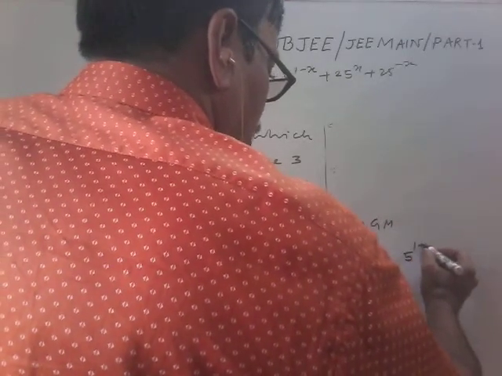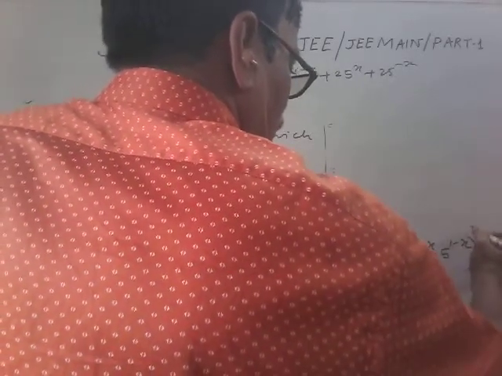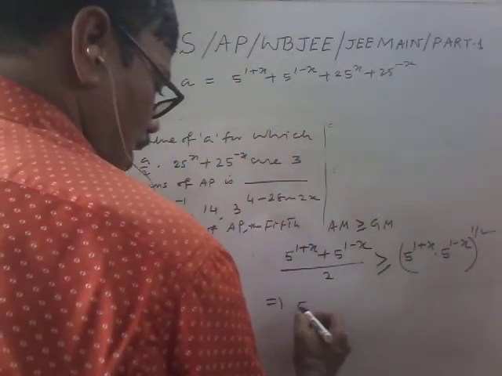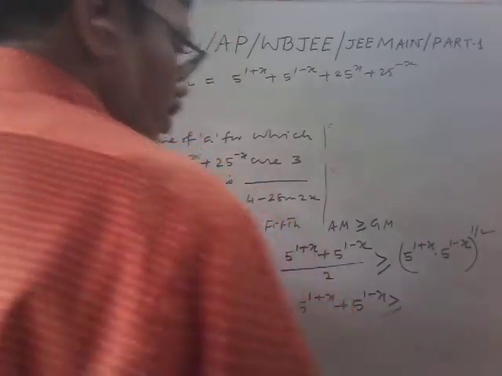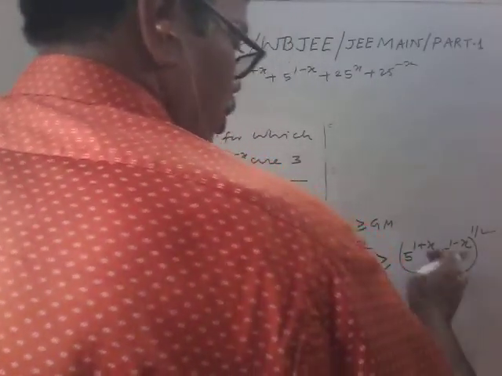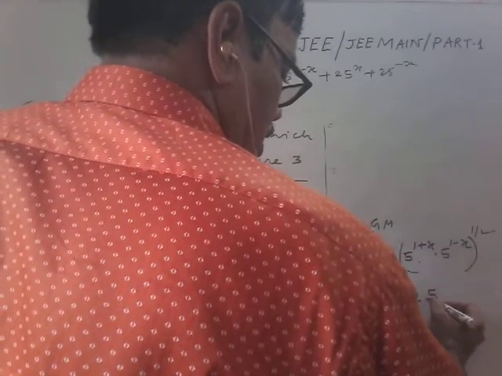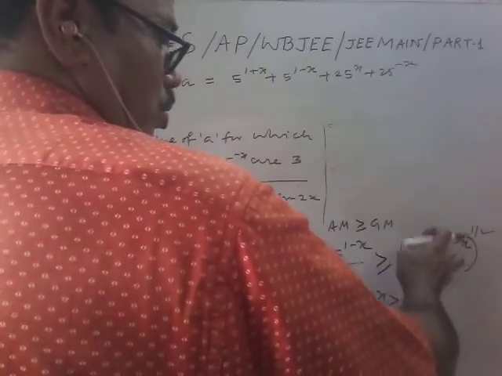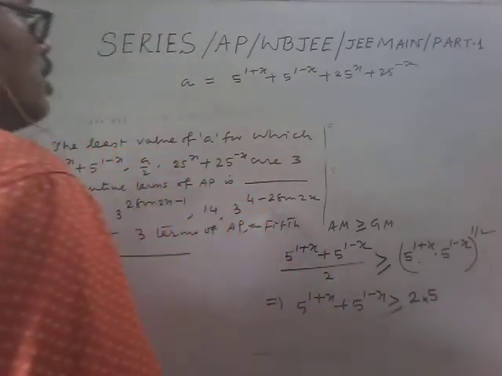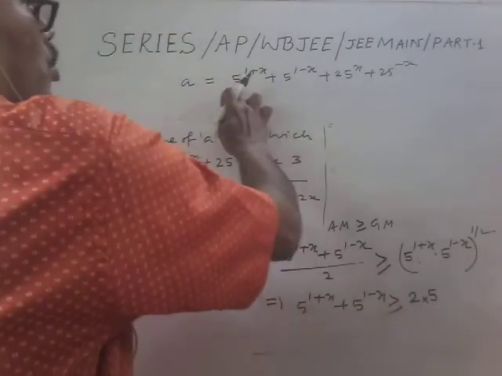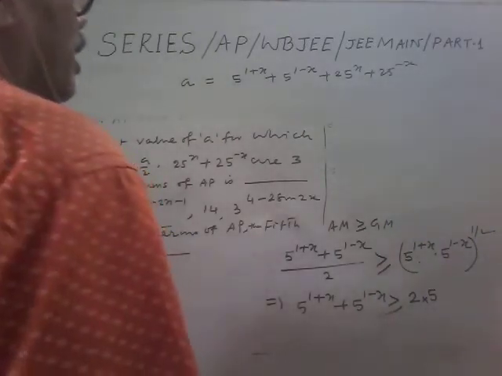Geometric mean is 5 to the power 1 plus x times 5 to the power 1 minus x, whole to the power half. So 5 to the power 1 plus x plus 5 to the power 1 minus x is greater than or equal to 2 into, look, x cancels, 5 into 5, so this is 5 square. Square root of this is 10. So this one is greater than or equal to 10.